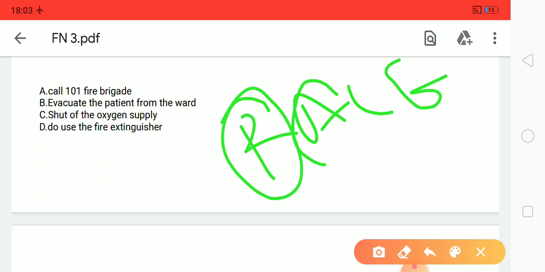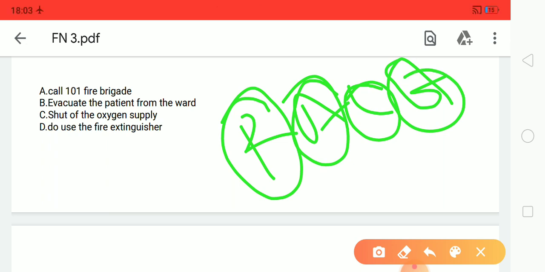A for alarm: activate the alarm. C, call 101 fire brigade. E for fire extinguisher. Okay, you remember this trick for the steps when this condition may occur.